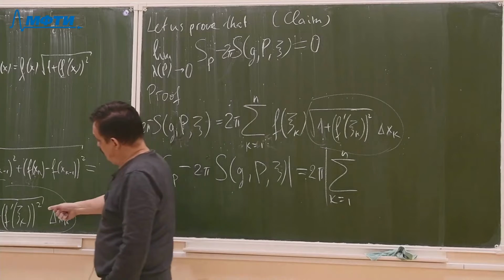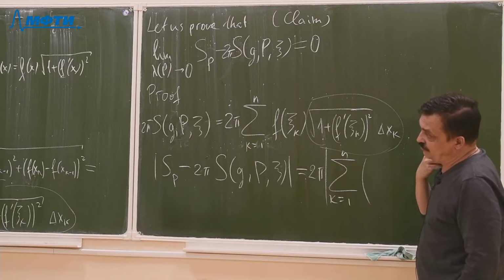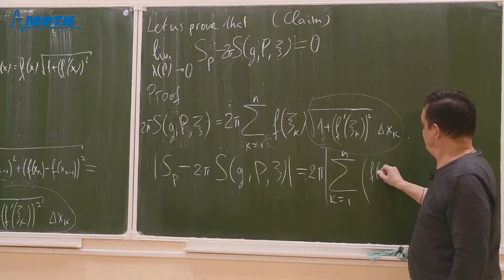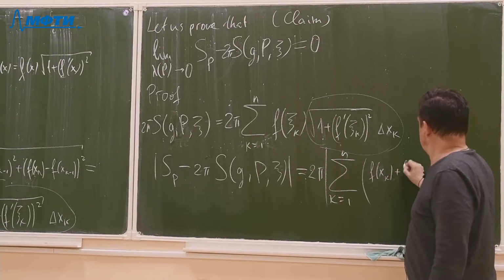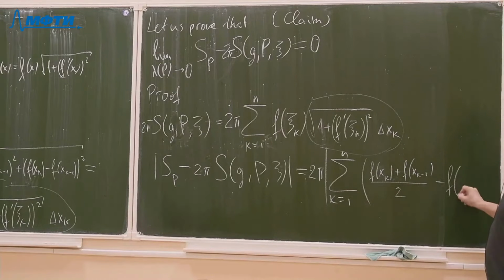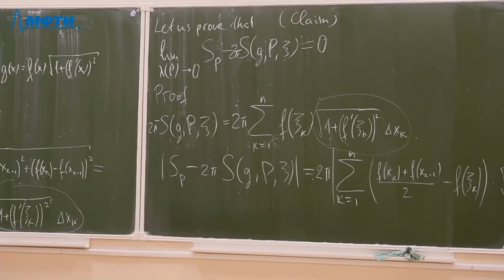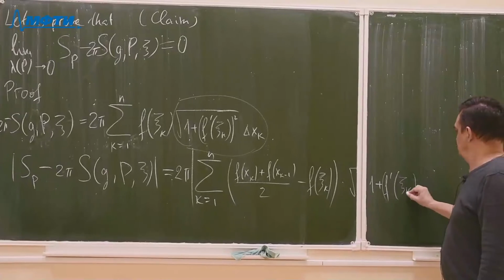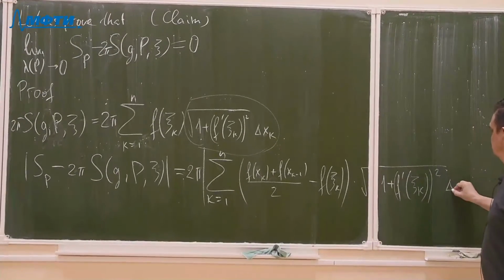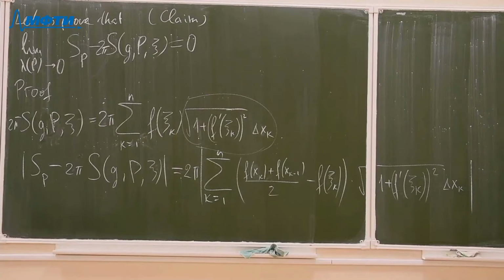So I'll put common terms outside of brackets, and what will be in brackets? f of xk plus f of xk minus 1 over 2 minus f of psi k, times square root of 1 plus f prime of psi k squared times delta xk.